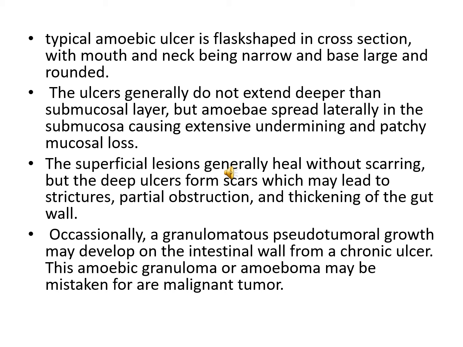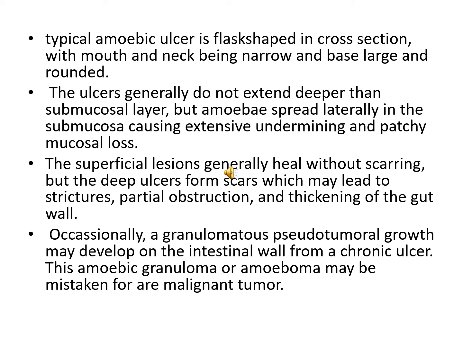So amoebic ulcer will look like nodules and have a brownish discharge, and the shape is flask shaped, with the mouth and neck being narrowed and the base being large and rounded. Usually the ulcer extends to the superficial layer and up to the submucous layer.